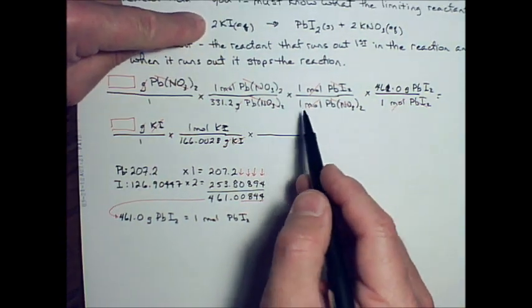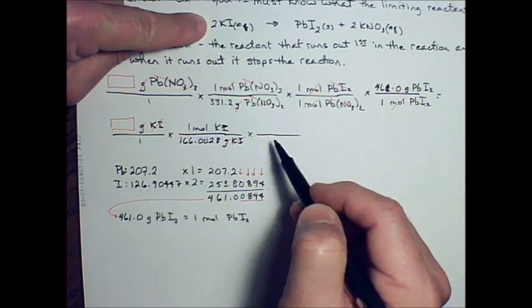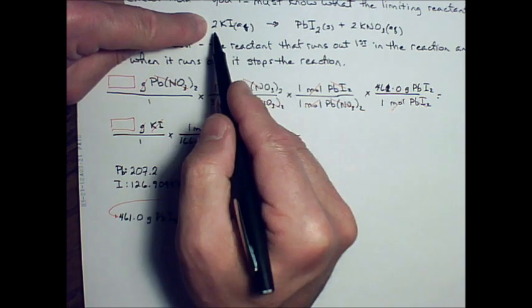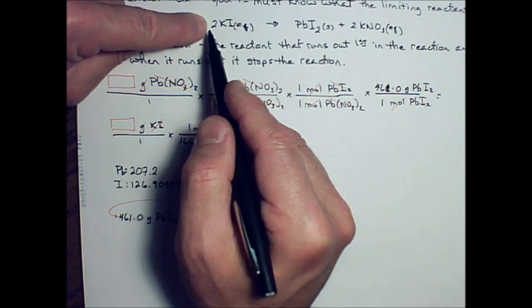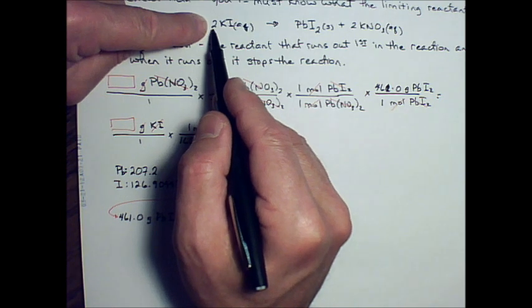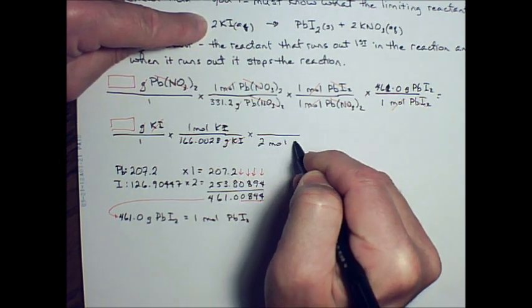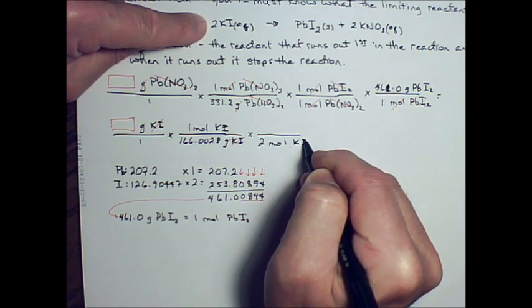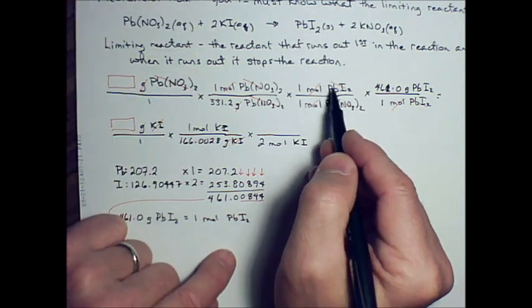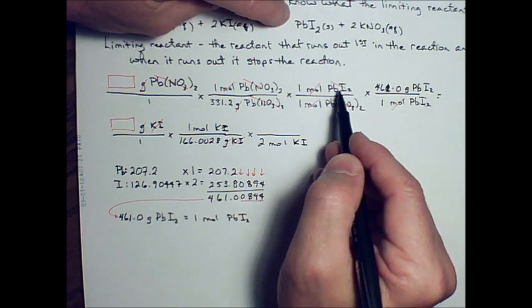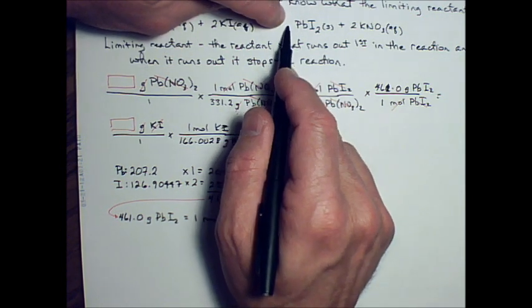In this case, it's not 1 mole on the bottom because this is the molar ratio, and the molar ratio comes from the balanced equation, and the coefficient in front of potassium iodide is 2. So we put 2 moles of potassium iodide on the bottom. We still have 1 mole of lead 2 iodide because there's an implied coefficient of 1 here.